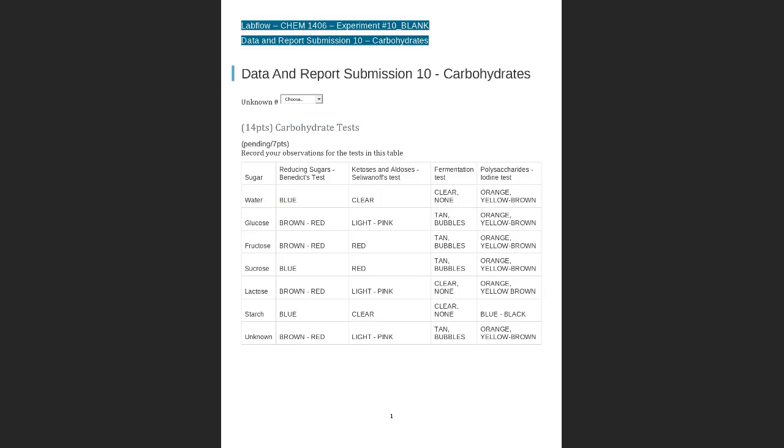You will have to base it on the colors. Glucose, it says brown red. Brown red, that means the reaction is what? Positive. The reaction is positive, that means we have a reducing sugar because it changed the color. If the reaction is negative, it will stay clear blue.